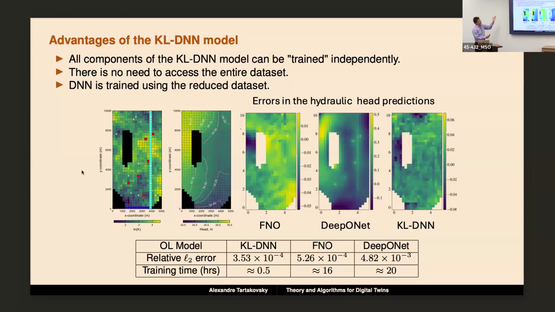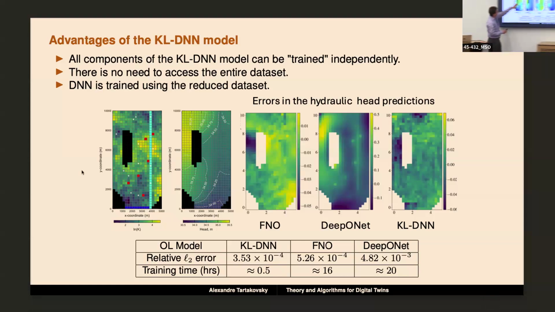So now, of course, the question is how this model compares with other operator learning models. So this is an example. We consider this synthetic aquifer known as the Freiberg aquifer, by the name of Freiberg, a professor at Stanford who came up with this problem many years ago.